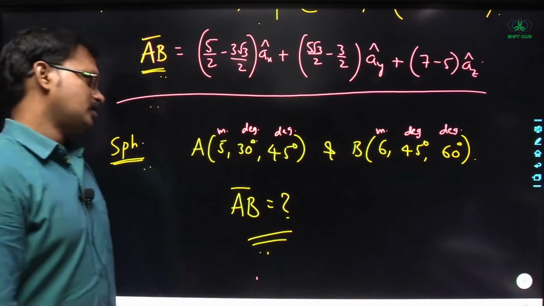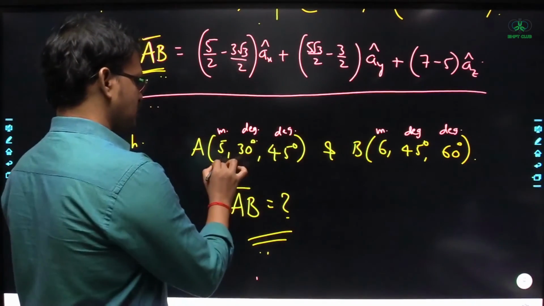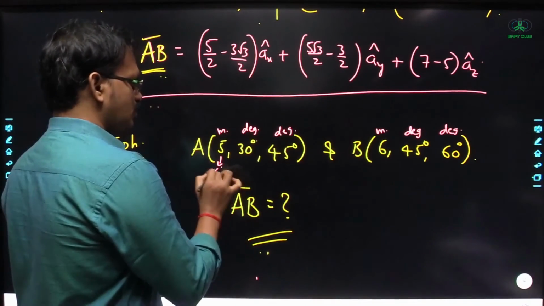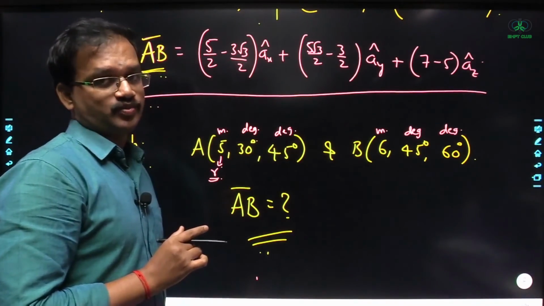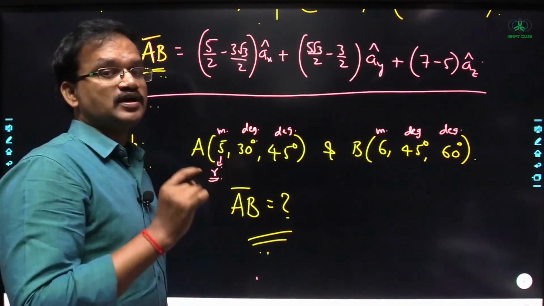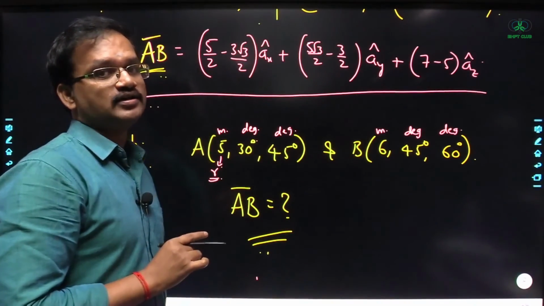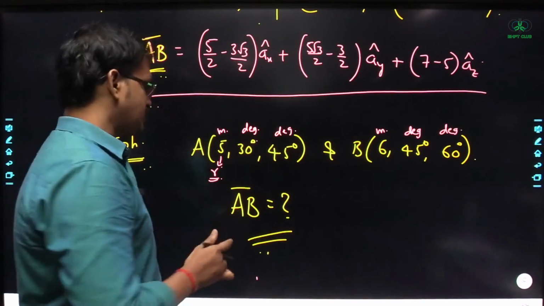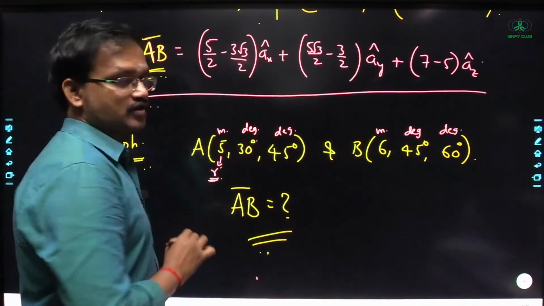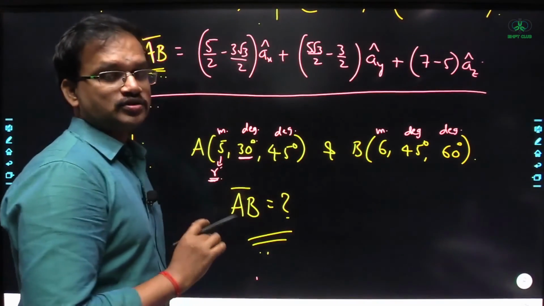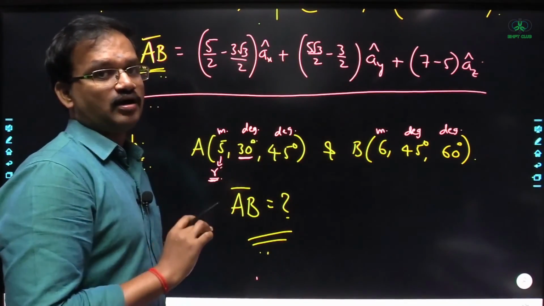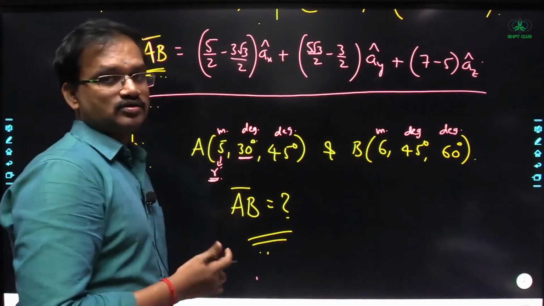And here this is R. R is the distance from the origin, the center of the sphere, to any point on the surface of the sphere. So it is measured with respect to the center of the sphere. And this is theta, the angle between the z axis and R, so it is measured with respect to the z axis.